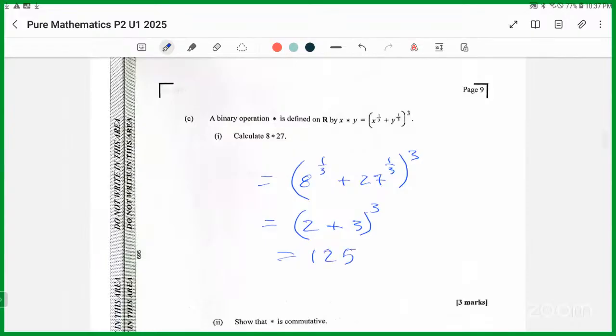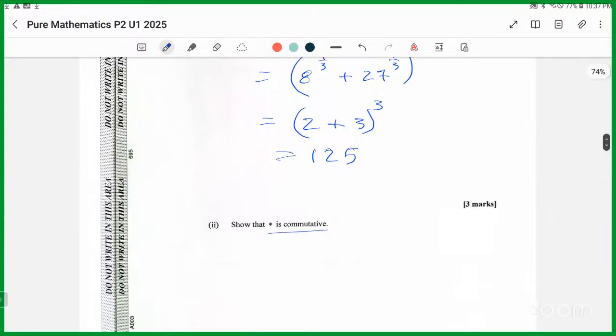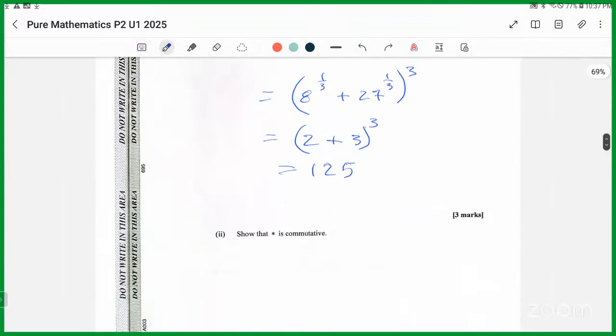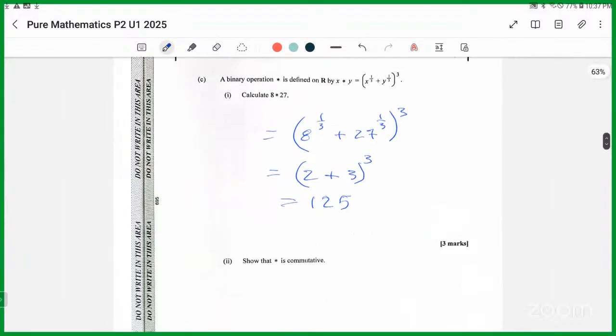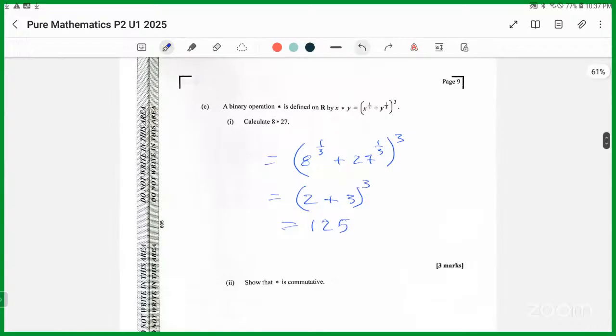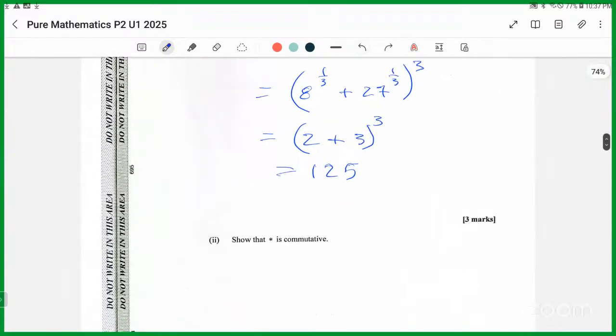125. This part says, show that star is commutative. So to show that star is commutative, show that x star y is the same as y star x. That's all we show. Let's do it. We have x star y already. I'm going to flip it now: y star x.